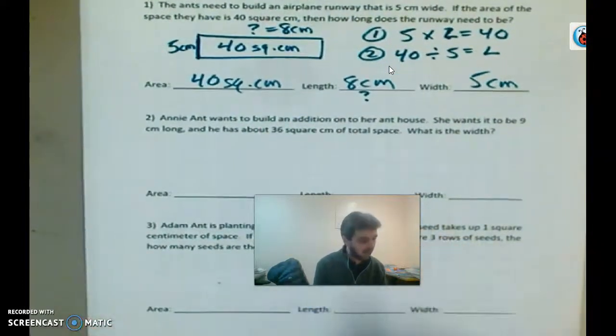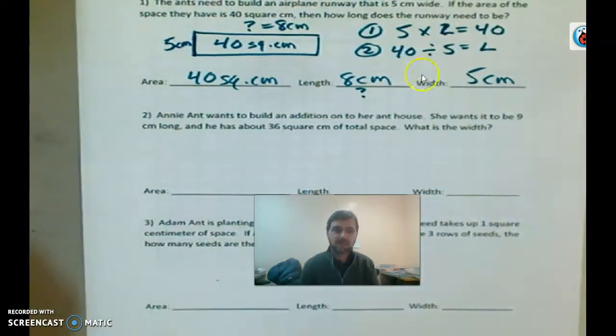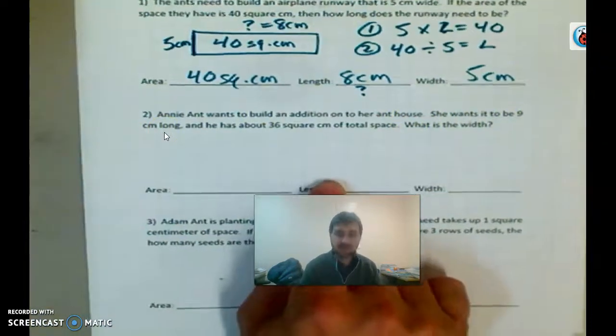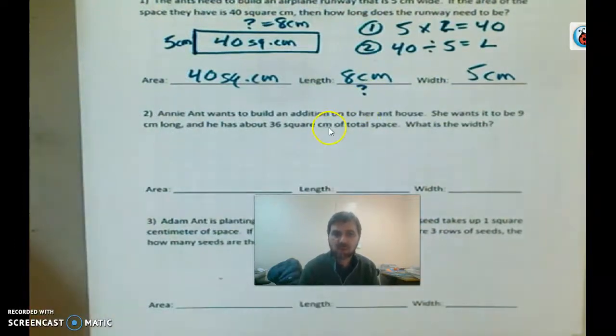All right. So the second one, I want you to try on your own. It says Annie Ant wants to build an addition onto her ant house. Huh, that's kind of funny. She wants it to be 9 centimeters long. So we know the length, and about 36 square centimeters of total space.